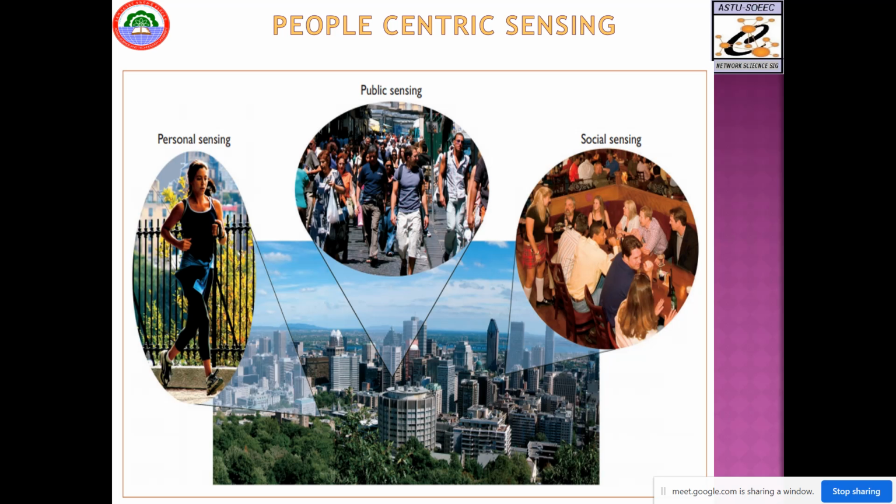So the sensing coverage is of spaces where more people are roaming, or when events are occurring, when any functions are going on, or any large number of human interactions are going on. In that case, people centric sensing will be used.